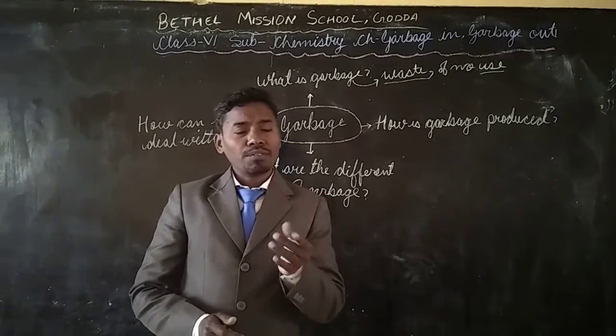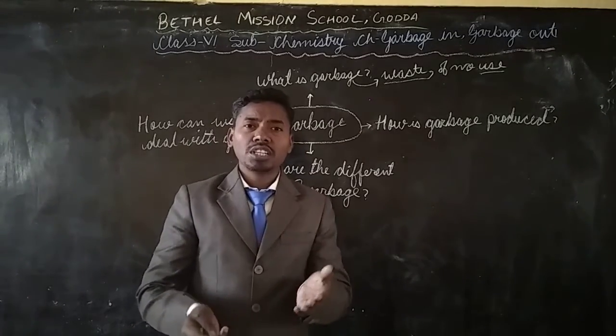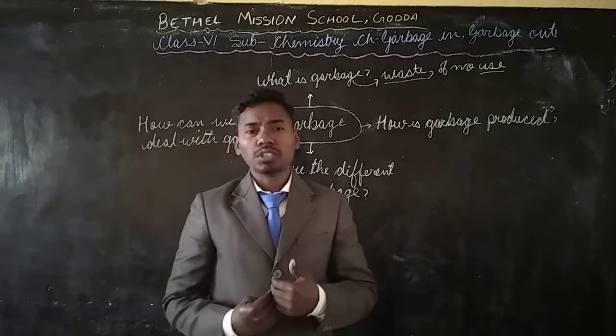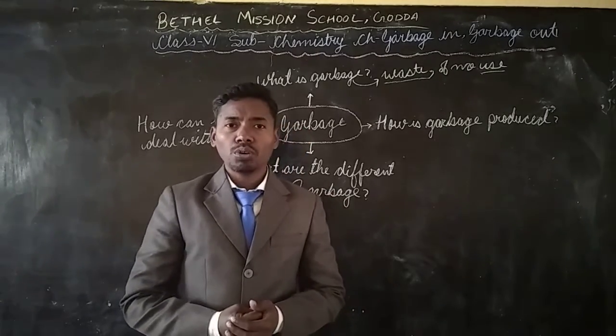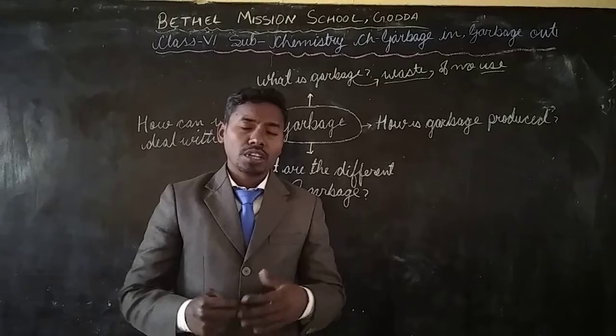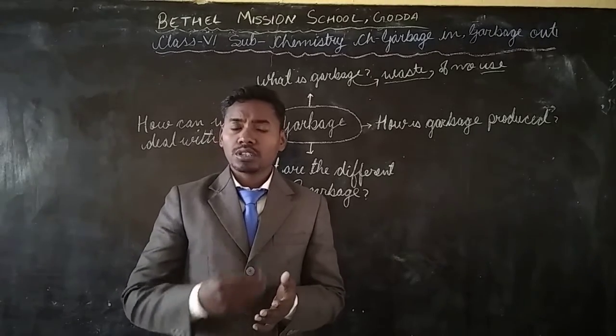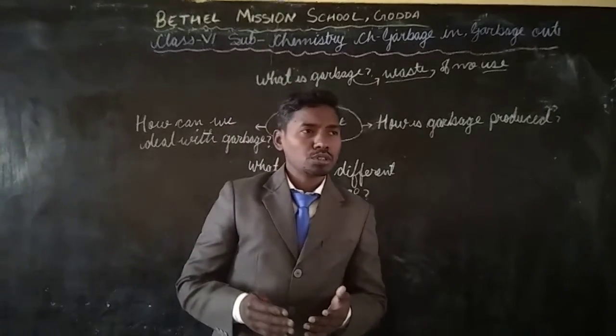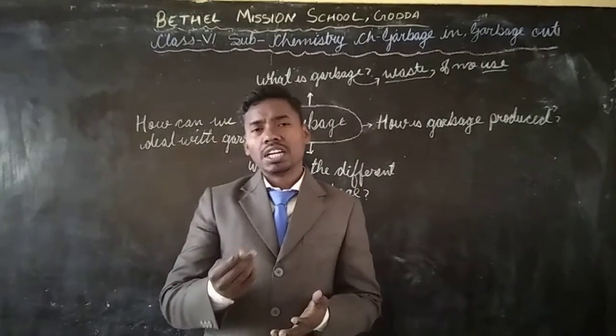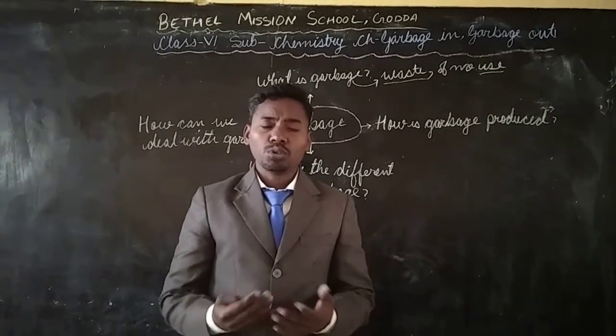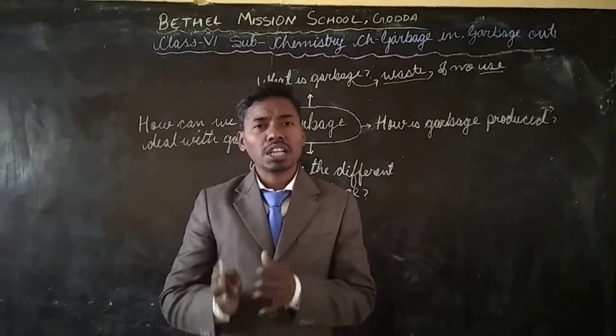But when we talk about waste, we generally talk according to ourselves. For example, you might have seen that sometimes the quantity of food cooked in your house is quite much, and sometimes the food is left over.